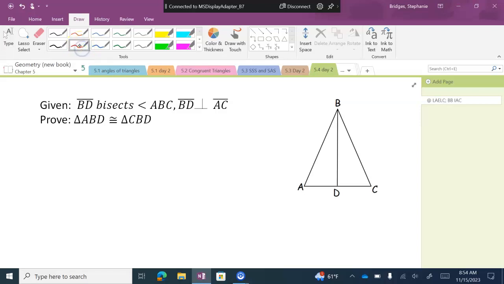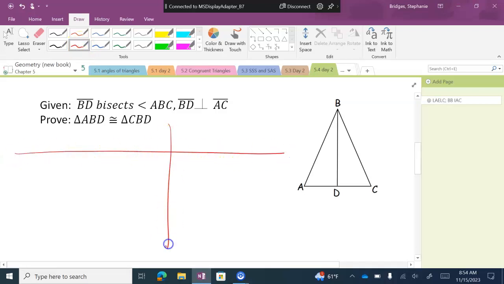As always, the very first statement and the very first reason is you're given.